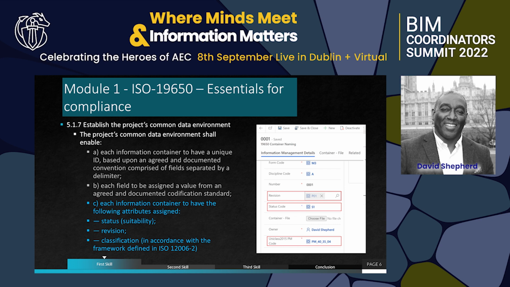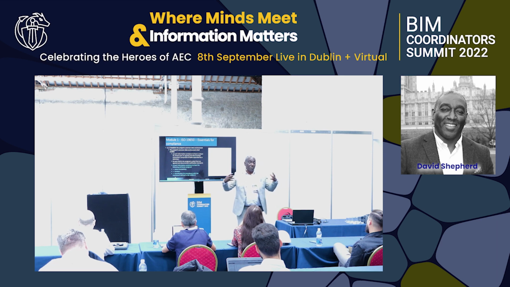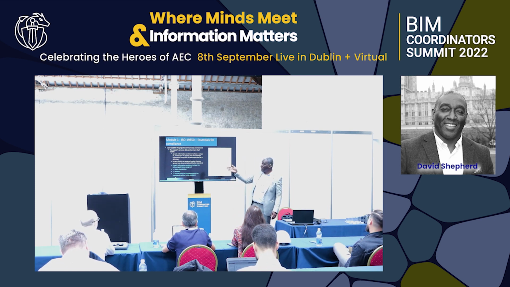We're generating a series of tables that represent each one of the sections that make up the ISO 19650 National Annex naming. We then find a way to bring all of those pieces together into a name, but we also need to have these additional fields around revision, status code and Uniclass code. All right?